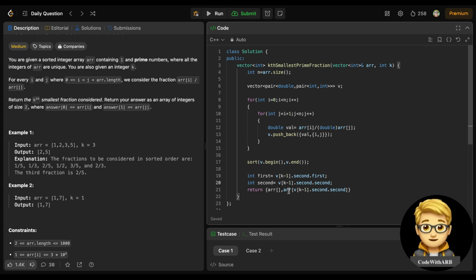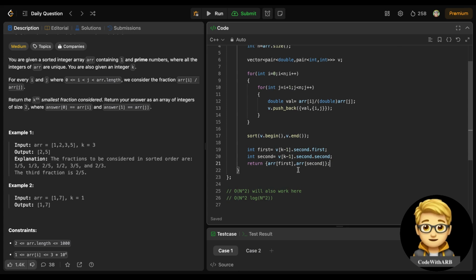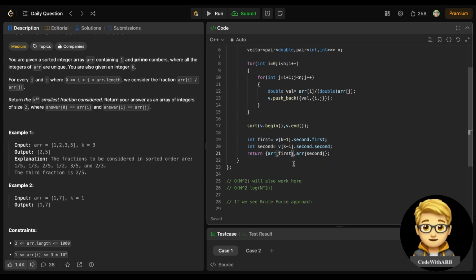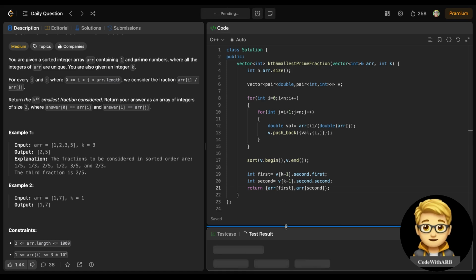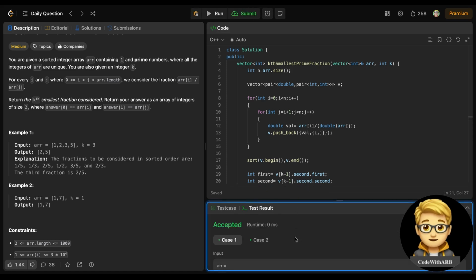So instead of this, we can return first, and this can return second. And we will simply return this as the answer, right? So let's try to run this. We have successfully passed the sample case. Let's submit it.